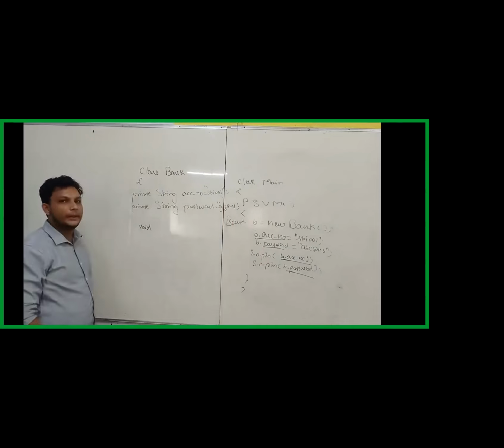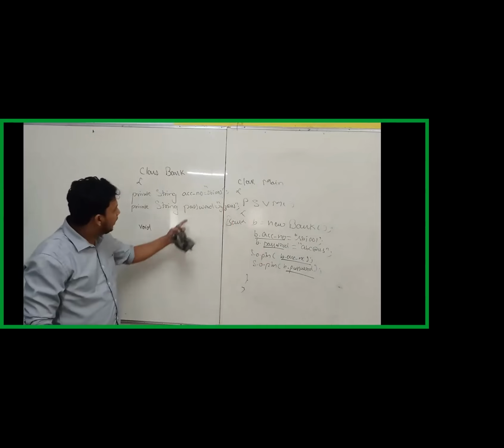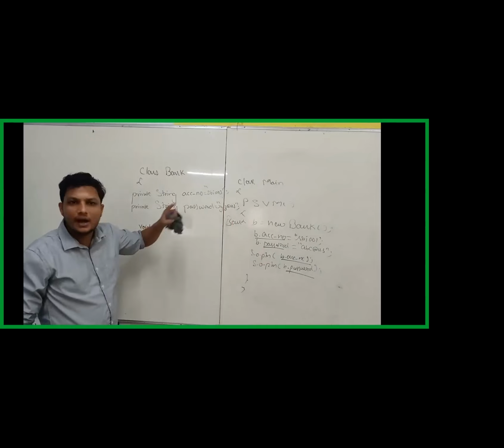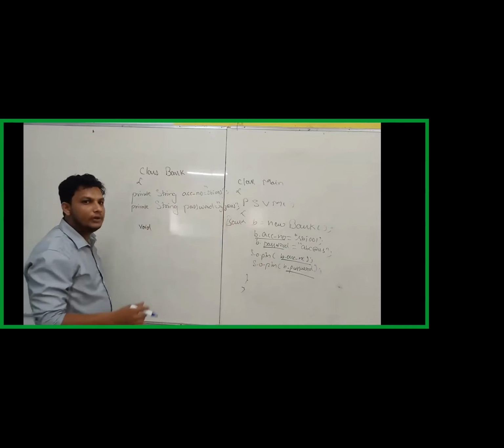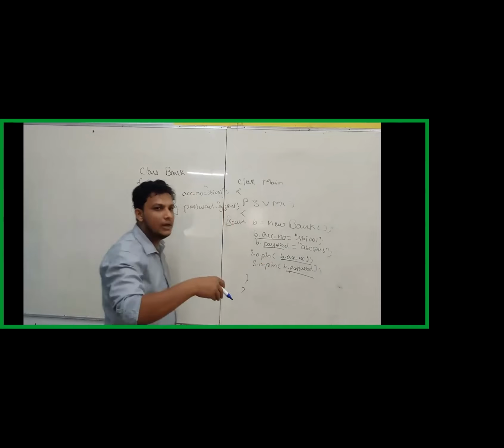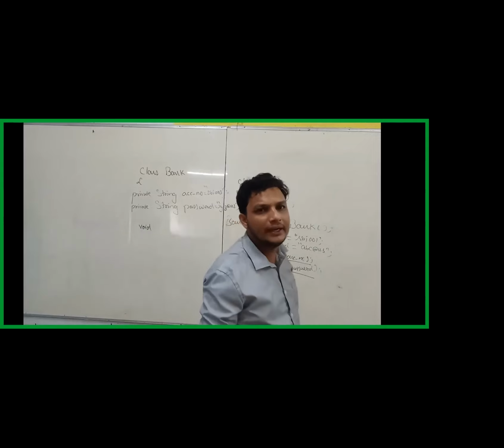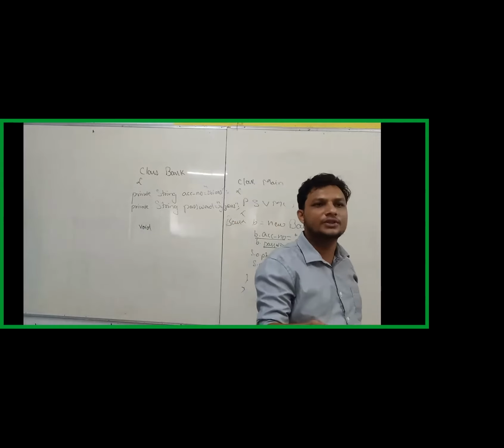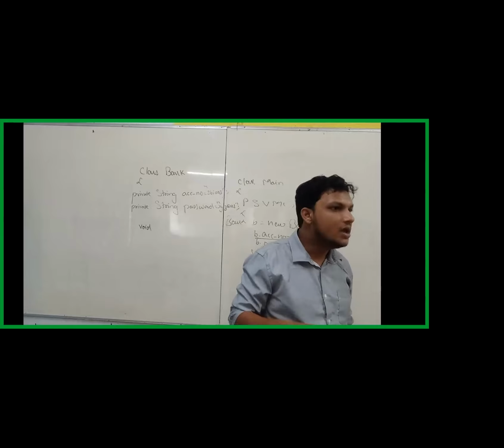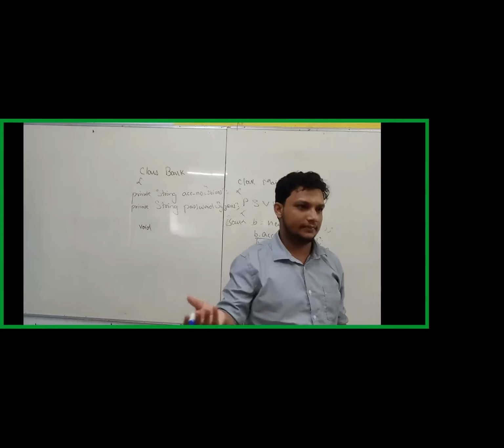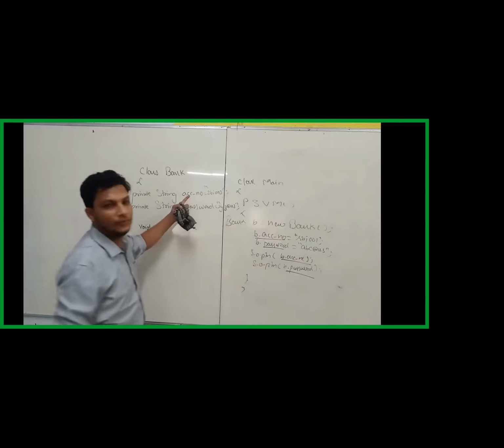Okay. Now method name. For which one do I want to set the data? Account number. Since I want to create a setter, we standardly use the naming convention that the method name starts with set. For getter, the name starts with get. So I want to set the data for account number, right?